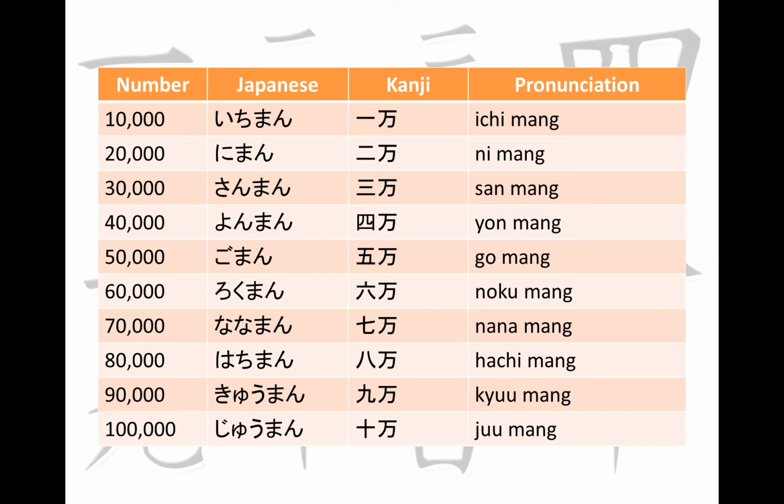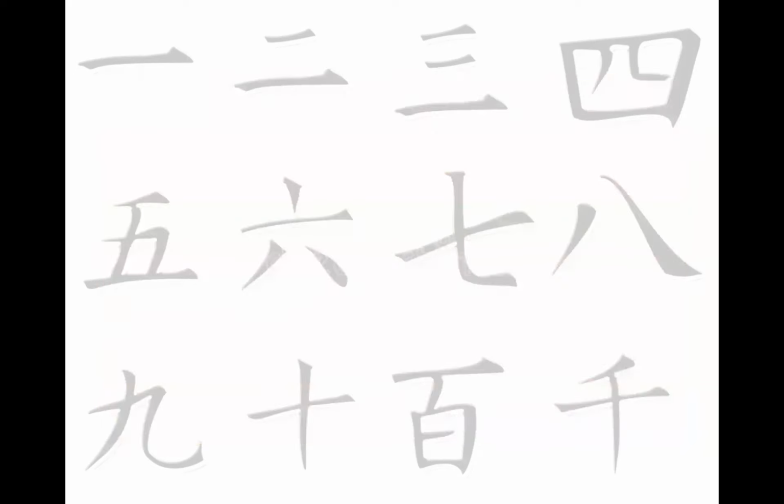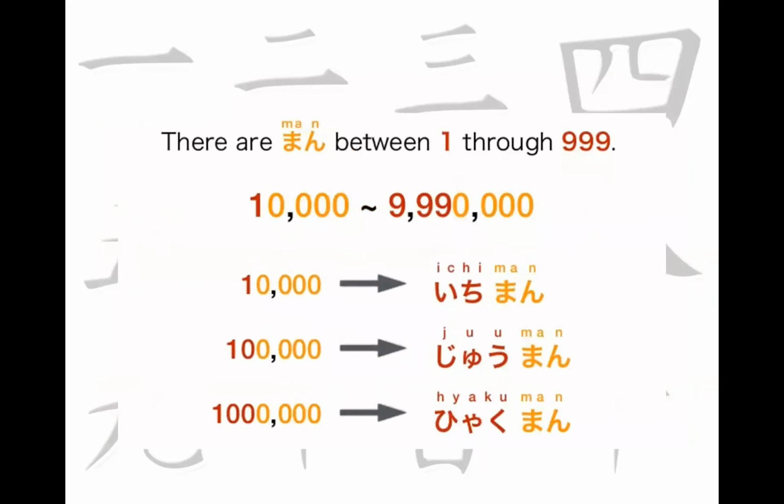Now, since we already discussed until jumang or 100,000, remember, there are mang or 10,000 between 1 to 999. As I've told you, the trick into counting a large number, specifically mang, is to think of having that 10,000 bill and then counting them into pieces.